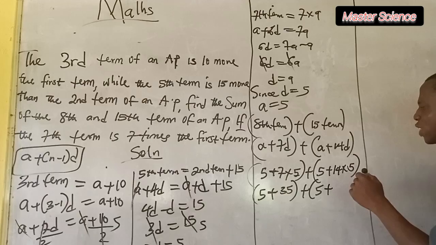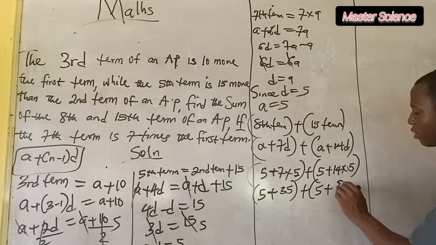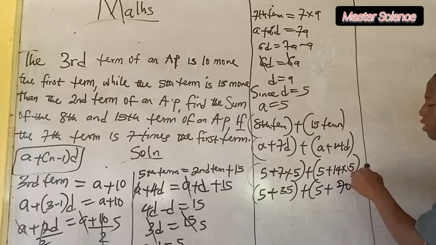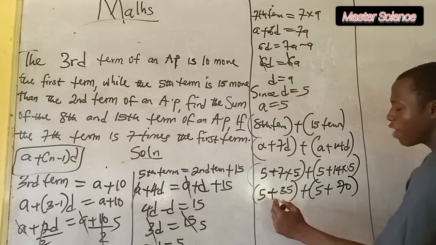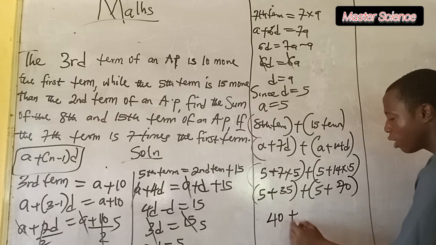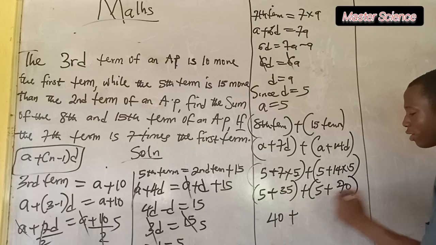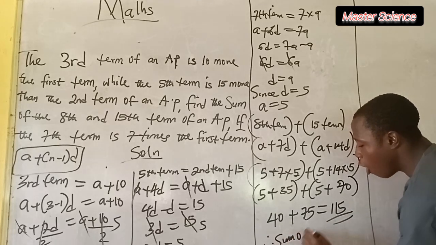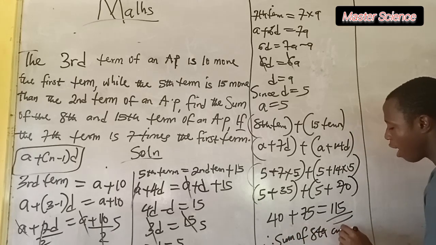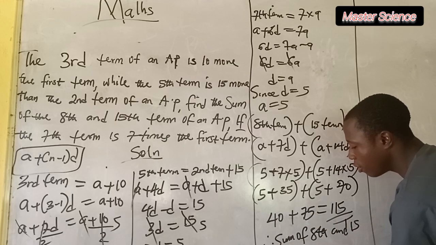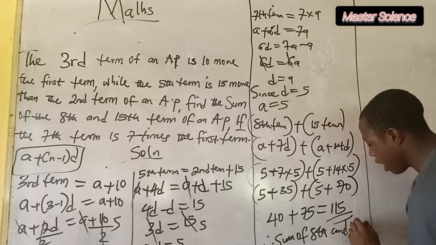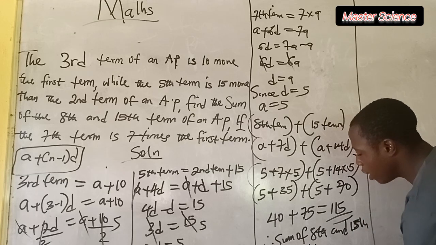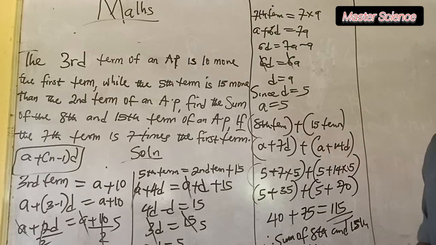Do the multiplication first. 7 times 5 is 35. 14 times 5 is 70, because 10 times 5 is 50 and 4 times 5 is 20. So 5 plus 35 is 40, and 5 plus 70 is 75. 75 plus 40 is 115. Hence, the sum of the 8th and 15th term is 115. That is it.